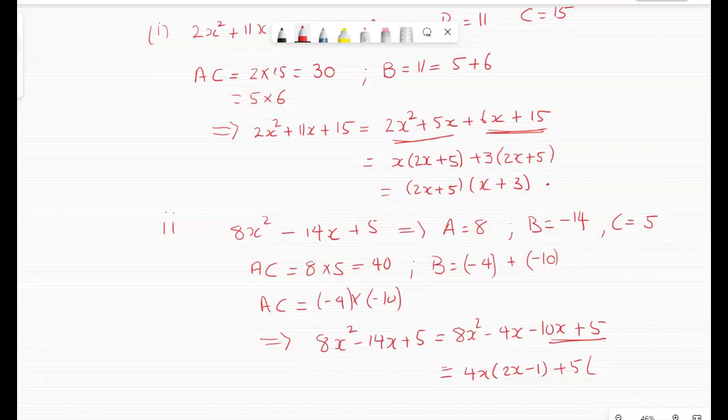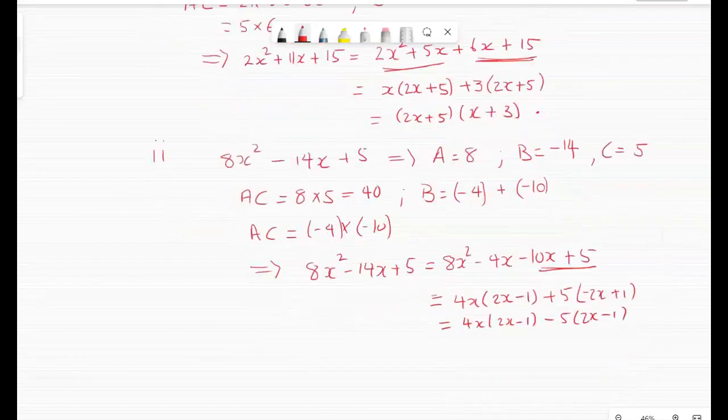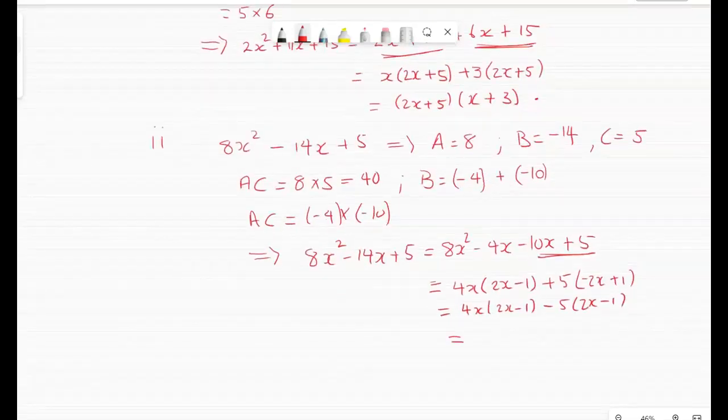I'll have minus 2x plus 1, and you will be able to notice immediately this is the same as minus 5 times (2x minus 1), and once again 2x minus 1 is a common factor, and inside is 4x minus 5, and this is the end of factorizing the expression 8x squared minus 14x plus 5.